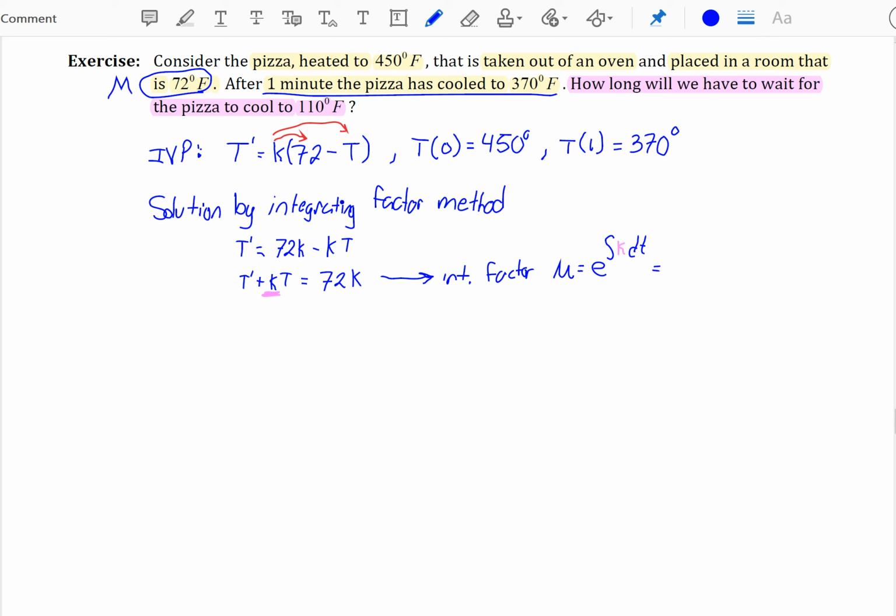Now, since k is a constant, this will be e to the kt. Now, recall with our integrating factor, we want to multiply both sides of our differential equation by the integrating factor.